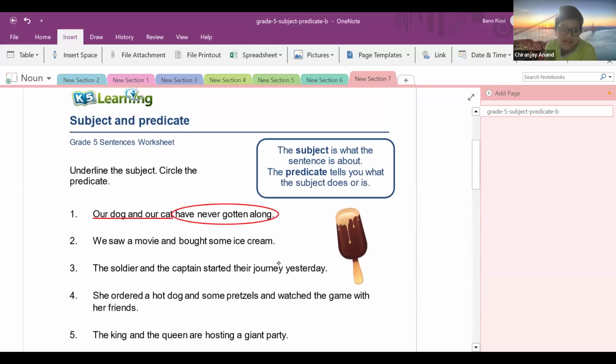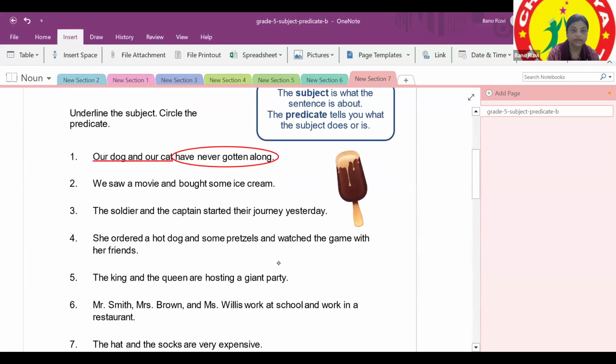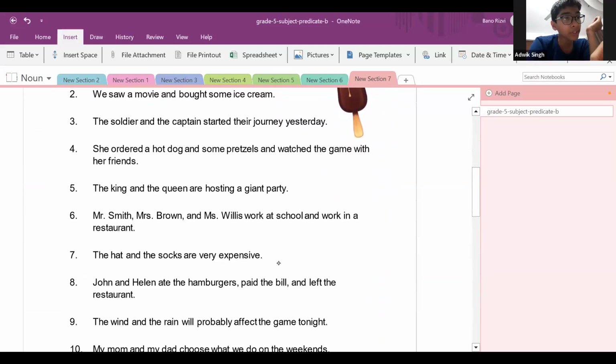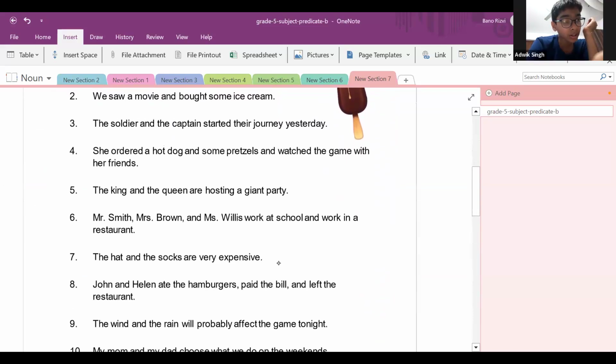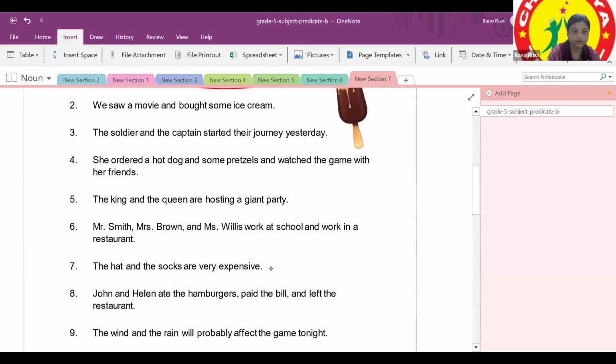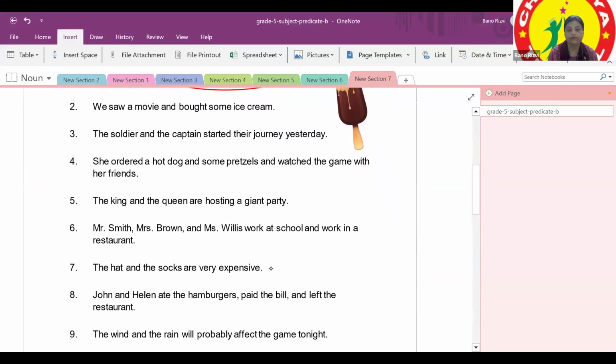Yeah, underline the subject and circle the predicate. Same thing. Ma'am, can we write only the subject? You can write only the subject. Okay, let me do 2 to 9, and then we'll do the 10th afterwards. Okay, I'm going to give you 2 minutes.